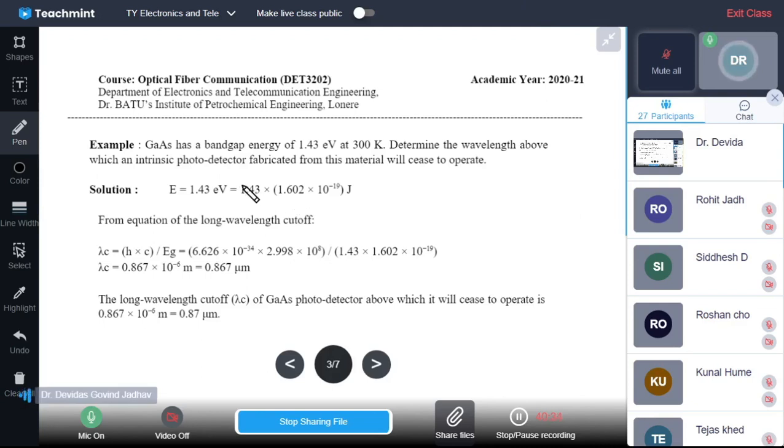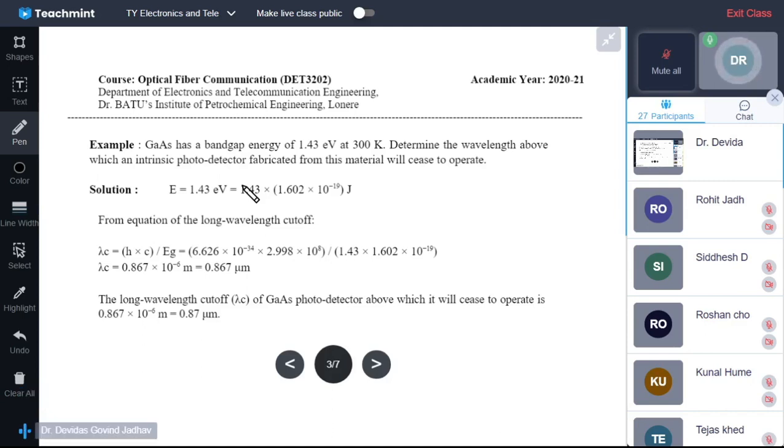GaAs, the material gallium arsenide, has a band gap energy of 1.43 electron volt at 300 Kelvin absolute temperature. Here the energy is given in electron volt.